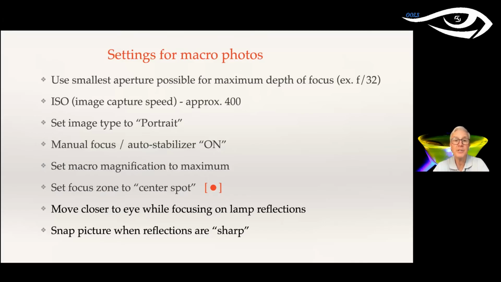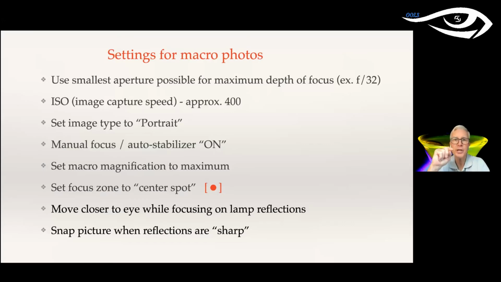You set the image type to portrait. You want to manually focus this, but turn on your image stabilizer. You set the magnification of the macro lens to maximum, okay, all the way up, and the focus zone would be a center spot. And what you do is you start back farther, you have your lens dialed to maximum, and then you move in, and I have a short video to show you.